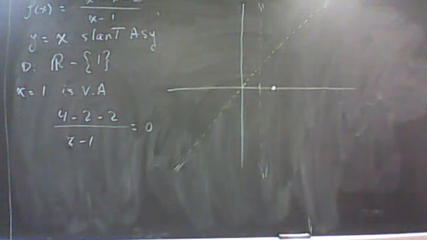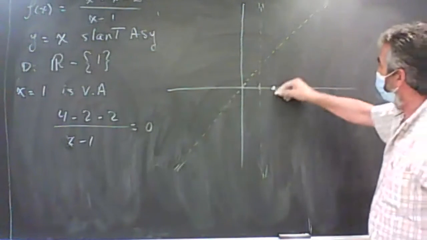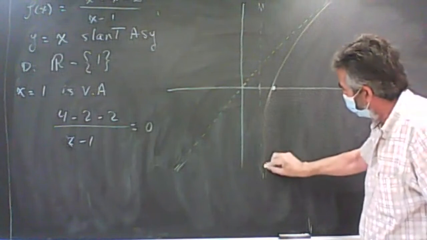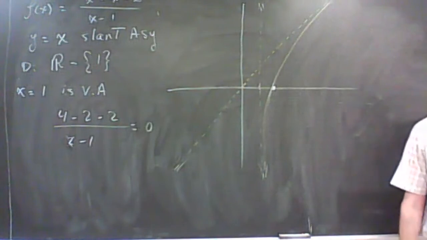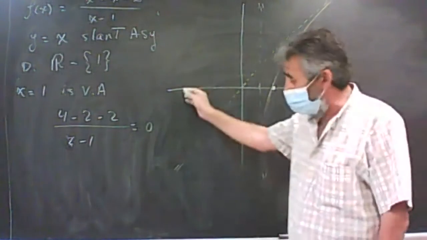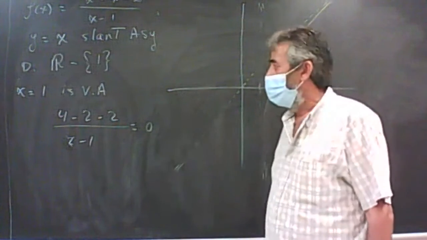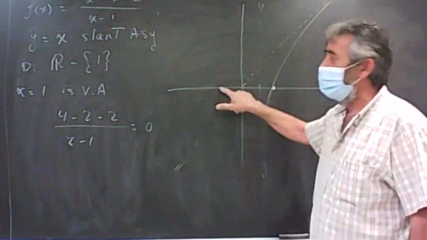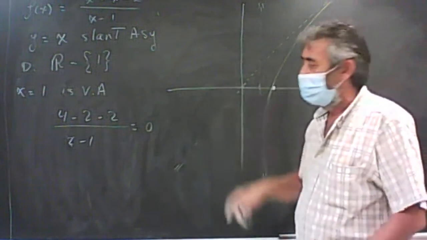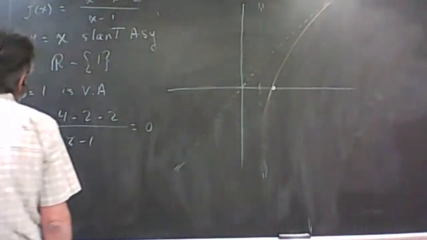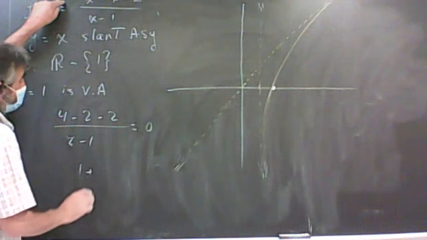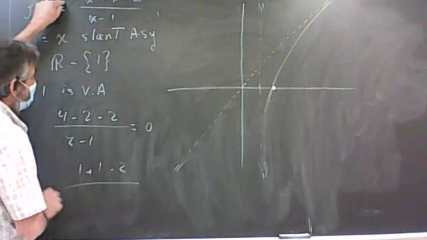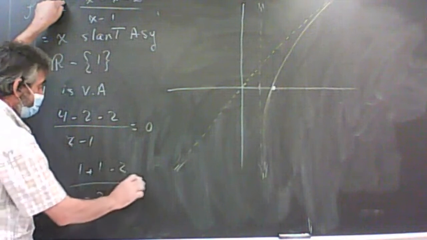So how does the graph look like? It's going to come from here. Let's see on this side. This is your 0, right? Let's take a negative 1. So -1 is going to be 1 plus 1 minus 2 over -2.